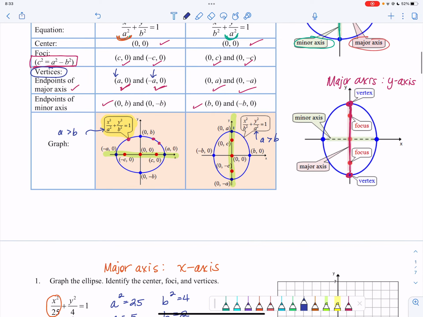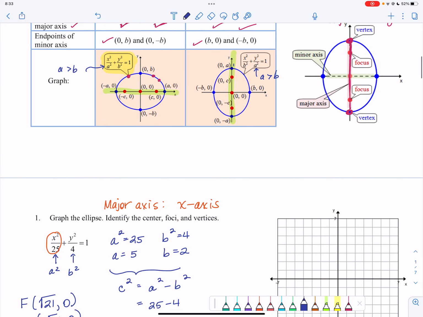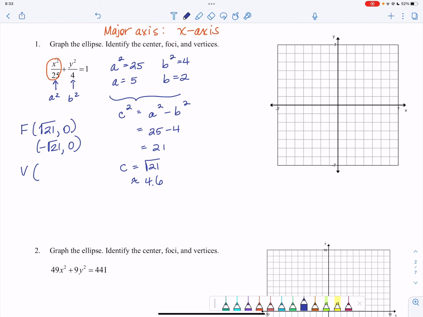But in this case, we will have A, 0 and negative A, 0 as our vertices. So that's A, 0 and negative A, 0. So let's go ahead and see if we can plot these points. So we'll go ahead and have negative 5, 0 and 5, 0.